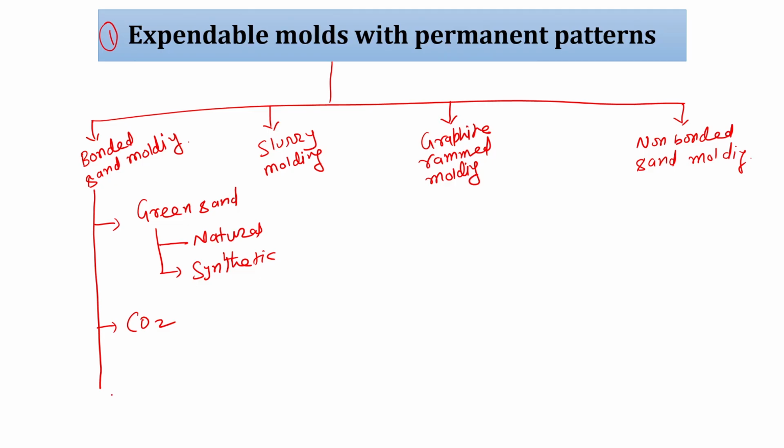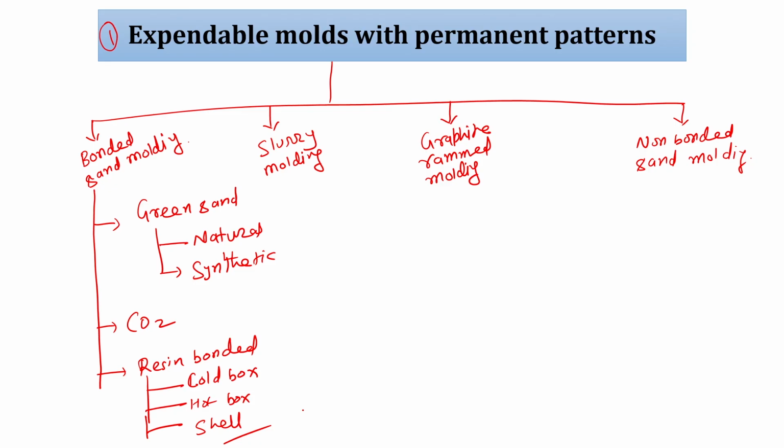Third can be resin based: cold box sand casting, hot box sand casting, and third is shell molding.